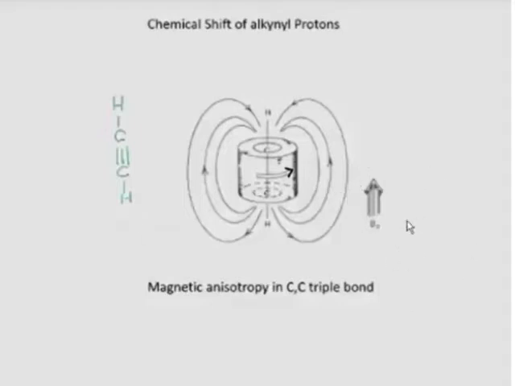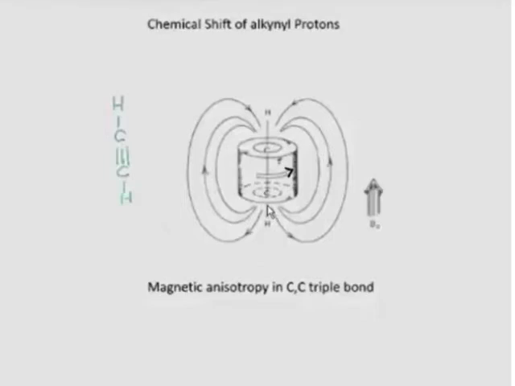This will cause the triple bond electrons to circulate in the direction indicated here. The triple bond acts like a kind of cylinder, and its pi electrons travel around and around that cylinder, and as they do, they will generate a secondary magnetic field, secondary magnetic field line loops shown in the diagram.